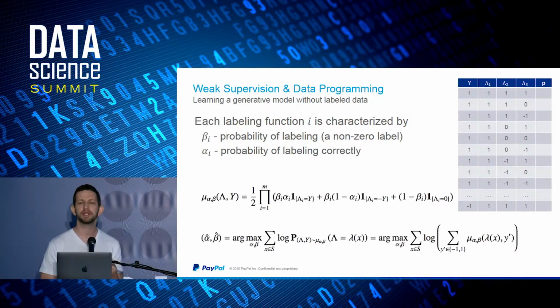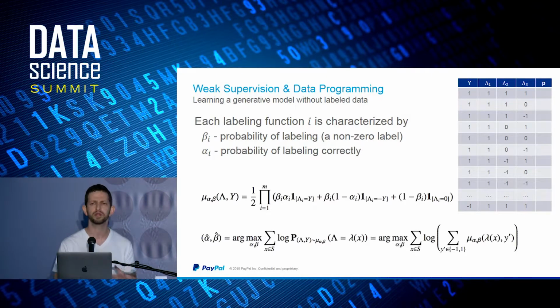Okay, so how do we estimate the accuracies of the different labeling functions without access to gold labels? Think about it this way. Every labeling function is characterized by two parameters: beta i, which is the coverage, which captures the probability that this labeling function is going to not abstain, to give us a non-zero label for an example, and alpha i, which is the accuracy.